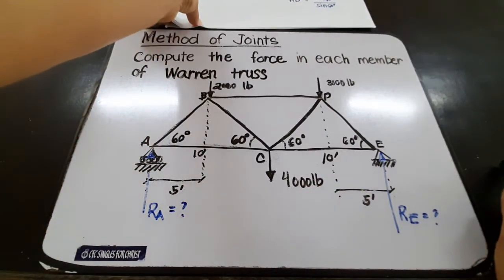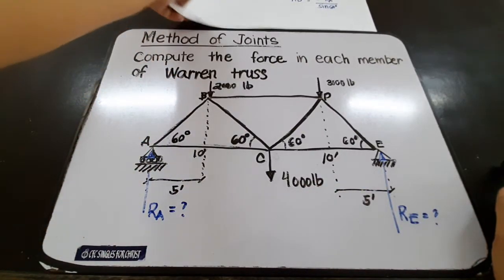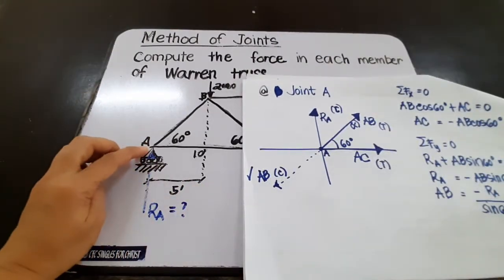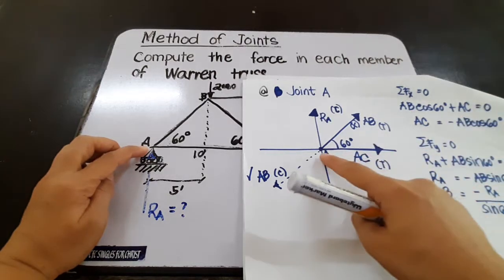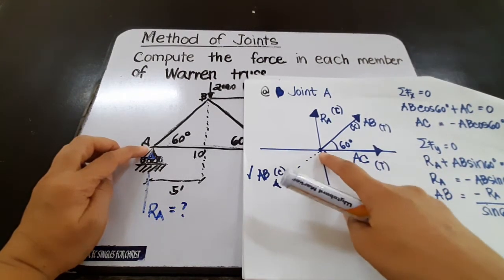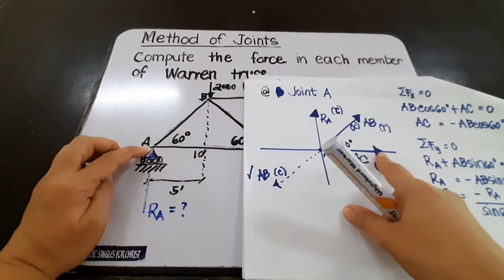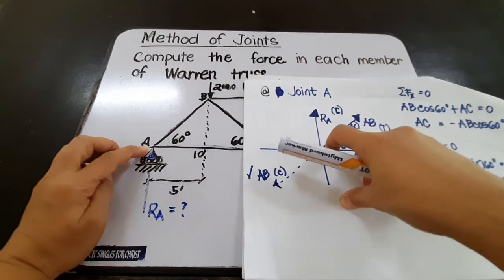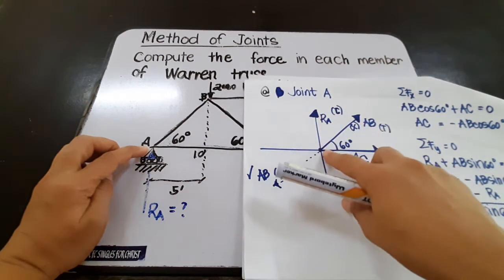So if we are going to draw the free body diagram at joint A, this is the free body diagram of joint A, this is point A. This is the force acted upon by AC, the force acted by member AB, and the reaction RA.